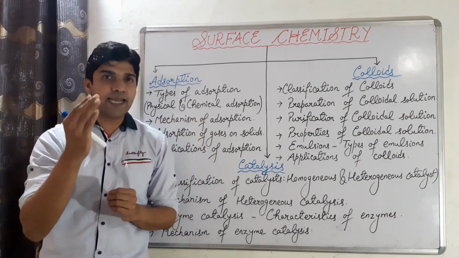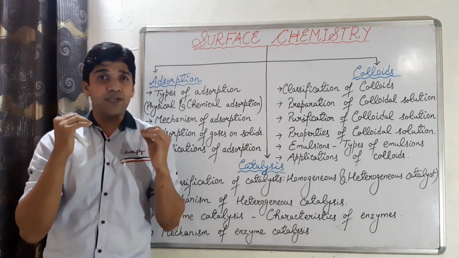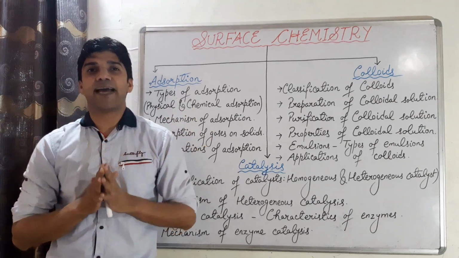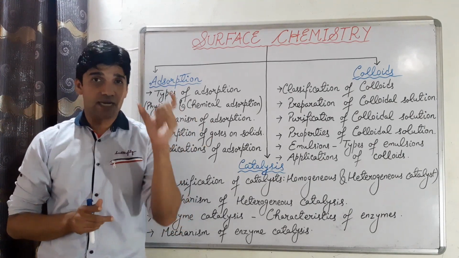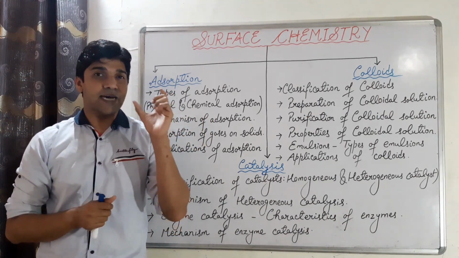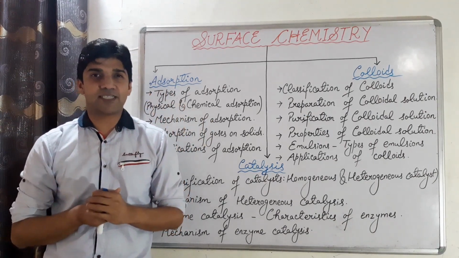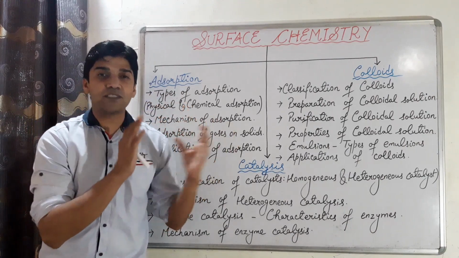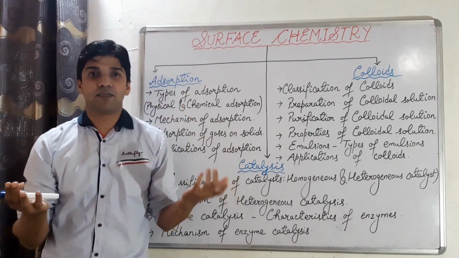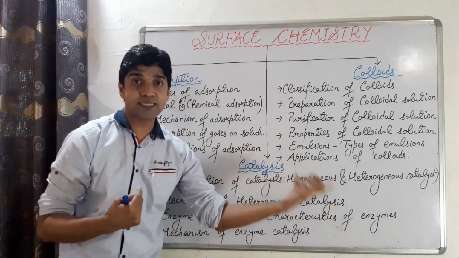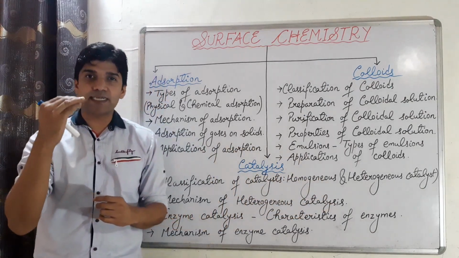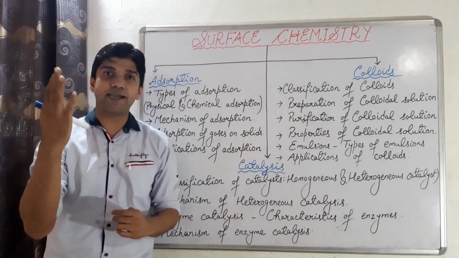So sucrose, when added to water, then we add few drops of sulfuric acid also. So in this case, the solution of sucrose and the aqueous solution of sulfuric acid, both are in the aqueous phase, liquid phase. That is called homogeneous catalysis, in which the reactants and the catalyst are in the same phase.